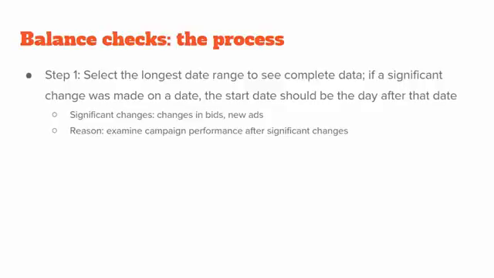The reason we want to select the start date to be the day after the significant changes were made is because we want to see the effects of those significant changes on our campaigns. Okay, so now I'm just going to go through all the steps, and at the end of the video, I'm going to apply those steps to Robert's account. Okay, so this is step 1.